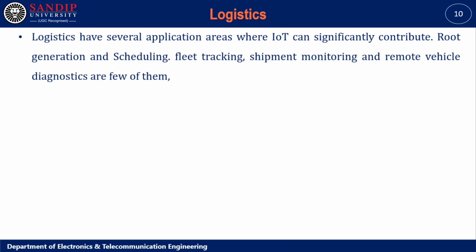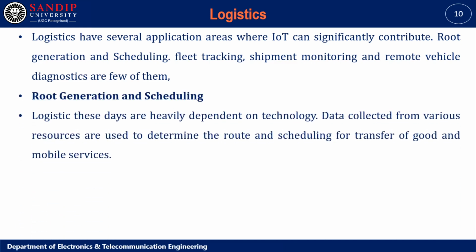Logistics have several application areas where IoT can significantly contribute. Route generation and scheduling, fleet tracking, shipment monitoring, and remote vehicle diagnostics are a few of them. Route generation and scheduling. Logistics these days are heavily dependent on technology.